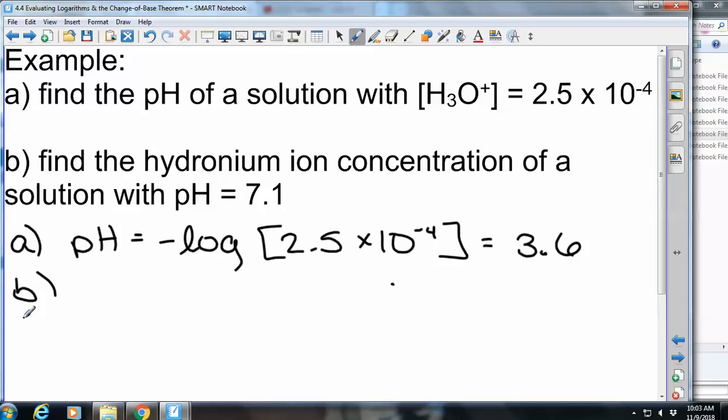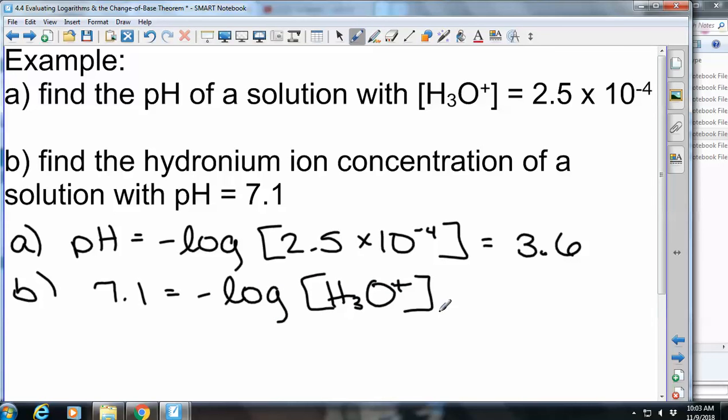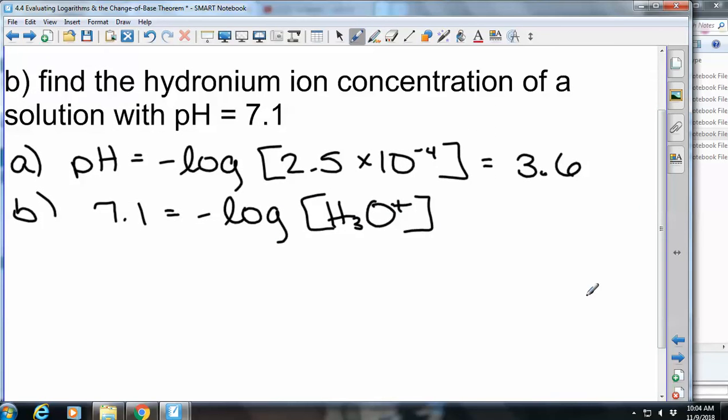Acid, okay. B, find the hydronium ion concentration of a solution with a pH of 7.1. So this time I'm plugging a 7.1 into my pH. And we're going to solve for this H3O plus from the formula. Okay, we need to get the log by itself. How do you get rid of the negative?